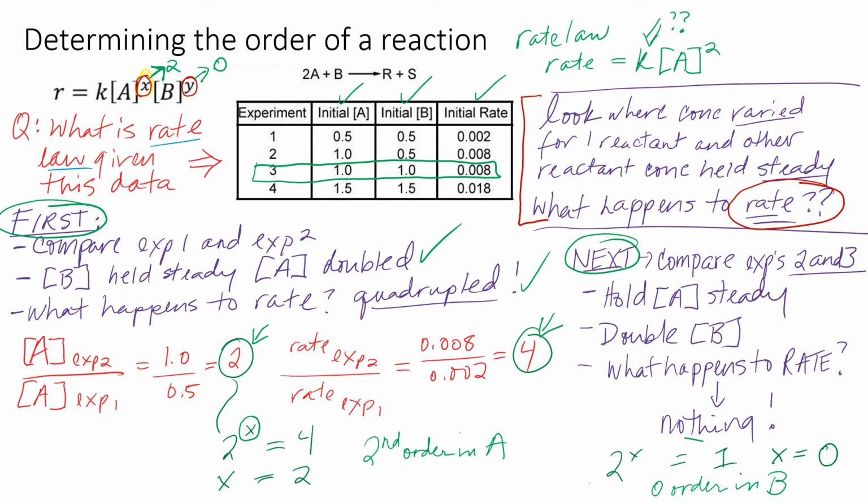We have A, we have B, we have rate. B has been lost from this expression, so we don't really need it. We have rate from any set of data, as I said. We have A. We can solve for K. I'm not going to do this. It's simple math. You can handle it.